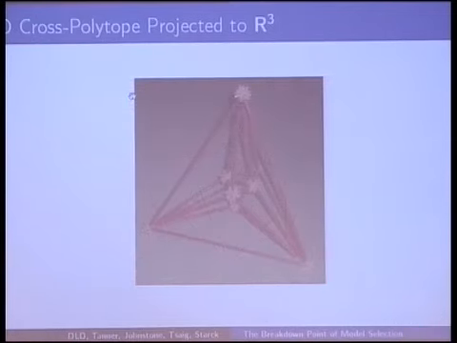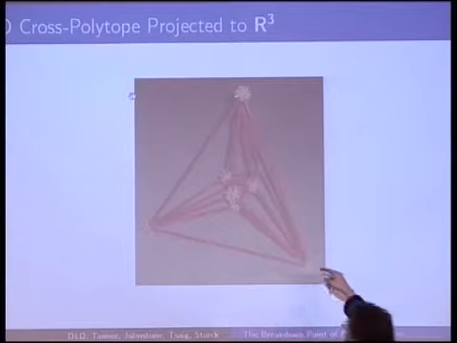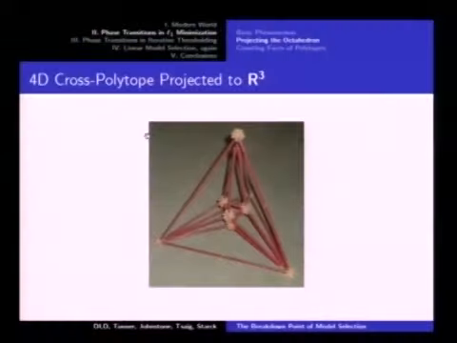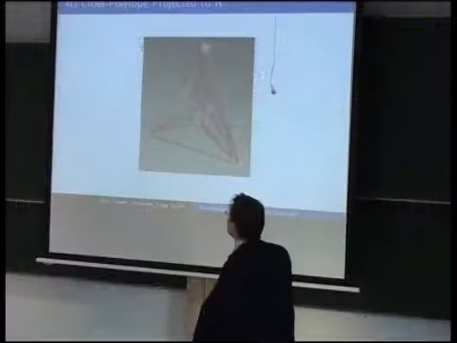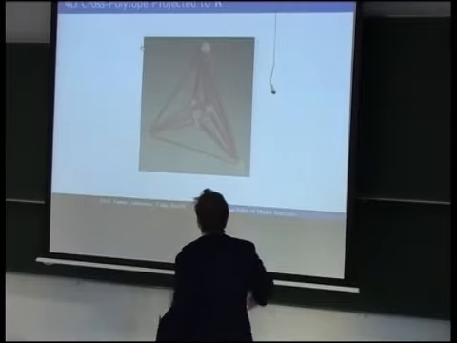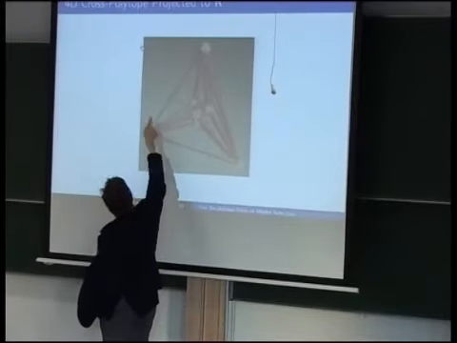If we took it and mapped down to R3, we could find examples like this where some vertices remain vertices, some vertices are mapped to the middle, some edges are mapped to the interior, so they're not edges anymore of the image, but they're just vestigial. There are also edges that continue to be edges.